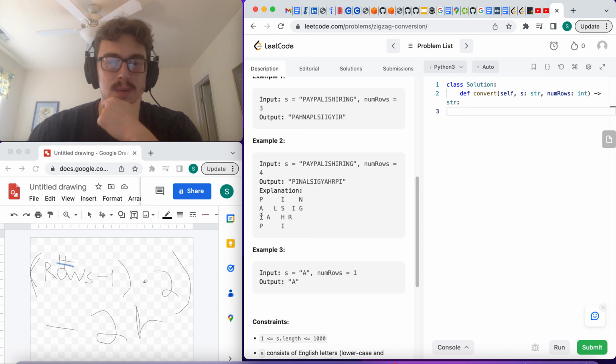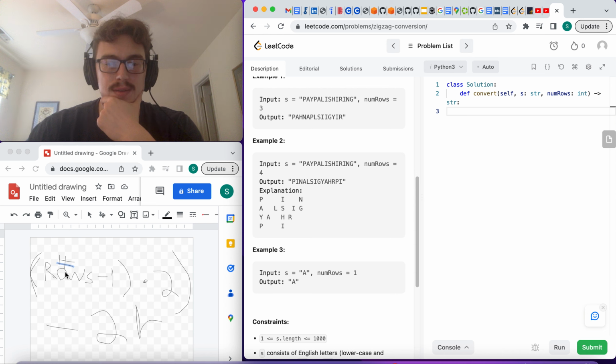So let's see how it works for row 3. If we do our typical rows minus 1 times 2, that's 6. In this case, the number of rows is 4. So we do 1, 2, 3, 4, 5, 6, and we got H. But we're skipping A. Okay, so let's see what's the difference between Y and A. 1, 2. In this case, we're on row index 2.